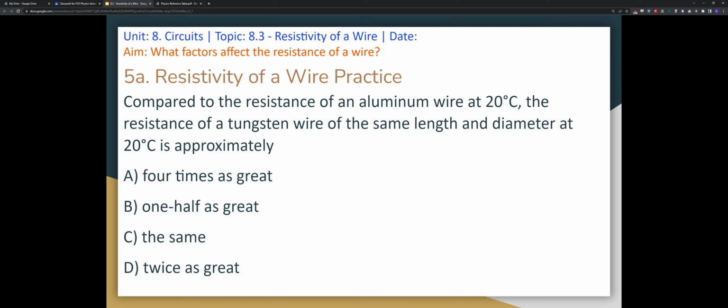And so now we get to the first practice question. Compare the resistance of an aluminum wire at 20 degrees Celsius to the resistance of a tungsten wire of the same length and diameter at 20 degrees Celsius. It is approximately what?